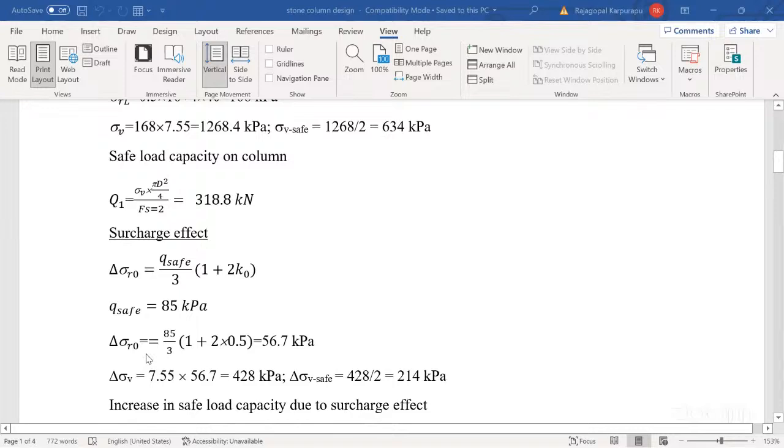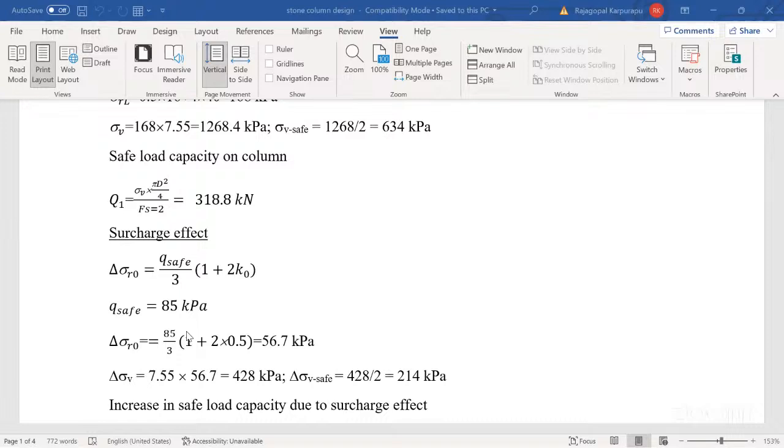And so the delta sigma R naught is 85 by 3 times (1 plus 2 K naught), that is 56.7. And so delta sigma V is Kp times this pressure.